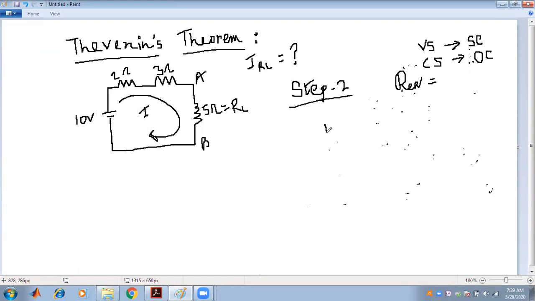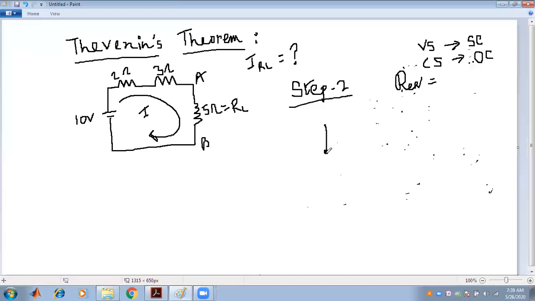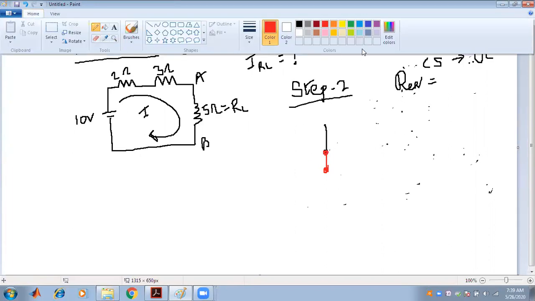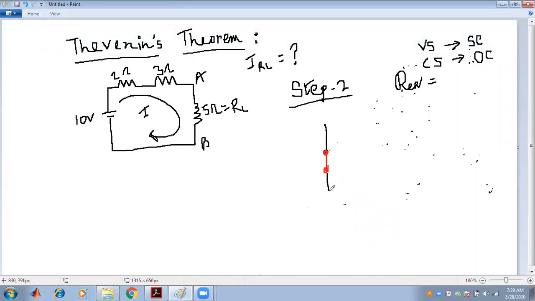How? This is the 10 volt, and I have short circuited that one. The 10 volt is short circuited. So this part, the voltage source, is short circuited.